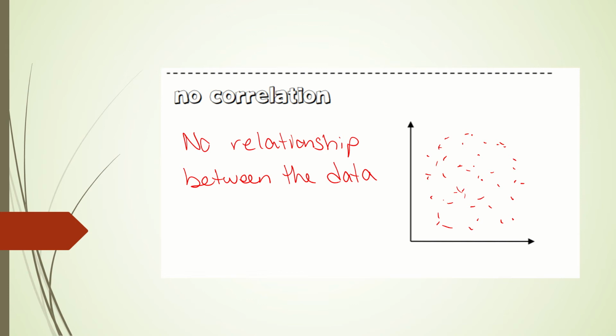They're just scattered. So the next thing we're going to do is look at different relationship situations and decide where they fit, if they have a positive correlation, a negative correlation, or if there's no correlation at all. And we will open the flaps on the foldable and write them in there.